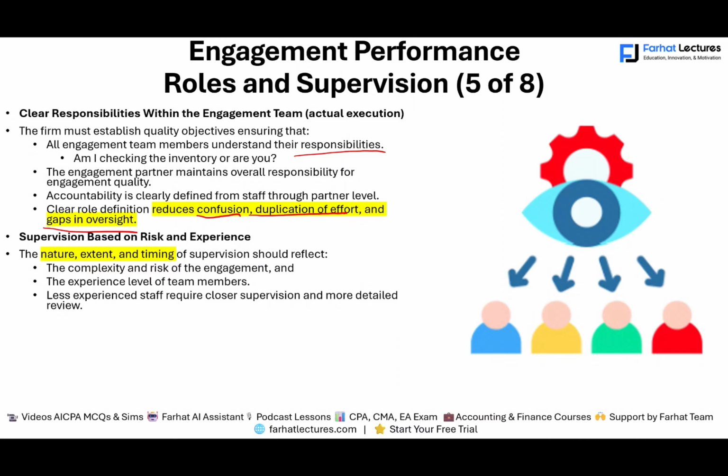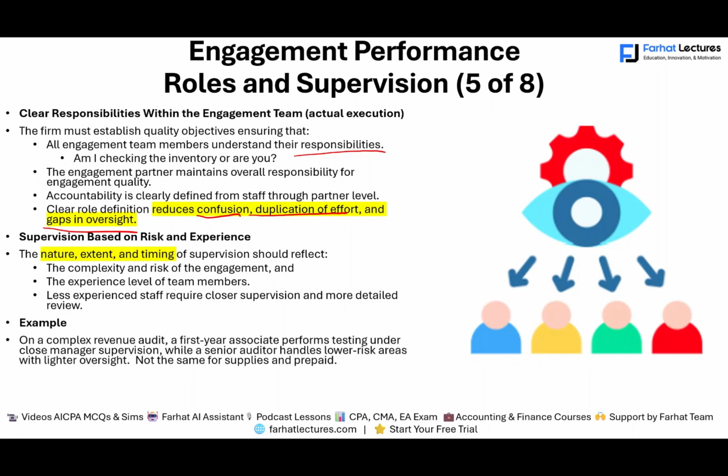More complex transactions, a more complex audit, would require more supervision, of course. So on a complex revenue audit, a first-year associate performs testing under close manager supervision, while a senior handles a lower risk area with lighter oversight. Not the same if they are auditing supplies and prepaid. So not everything is the same.